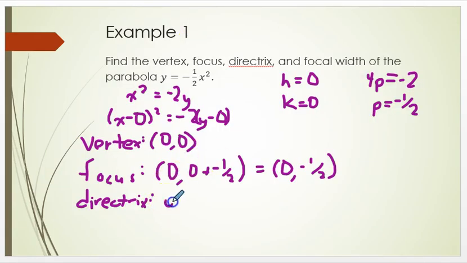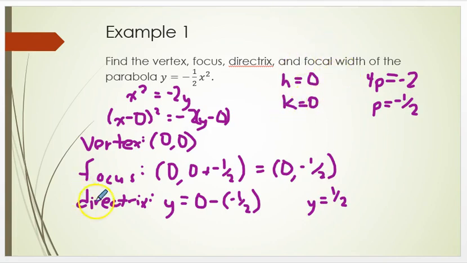So for our example, y equals k minus p. Instead of writing 0 minus -1/2 though, double negatives cancel, so I'm actually just going to write y equals +1/2. If you don't have the y equals, then you haven't defined the equation of a line. This is a horizontal line at a height of 1/2.